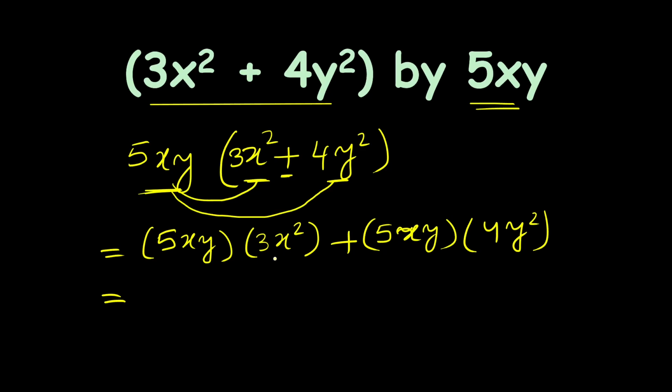Here we are getting monomials. 5 into 3, 15, x into x square, x cube, here y, plus 5 into 4, 20, here x and y to the power 3, that means y cube.